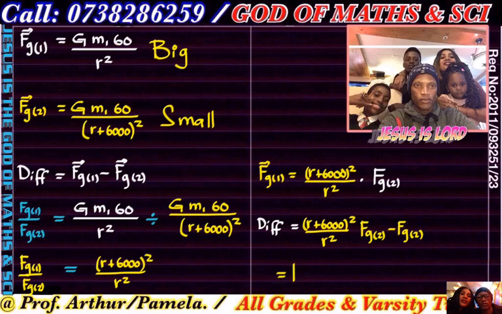I'll say it will be FG2 into, let's use the brackets themselves, which is this one. These are brackets, and these are parentheses, R plus 6,000 all squared divided by the R squared, then minus the 1. That will be the answer. You just put all the values and then you're okay.